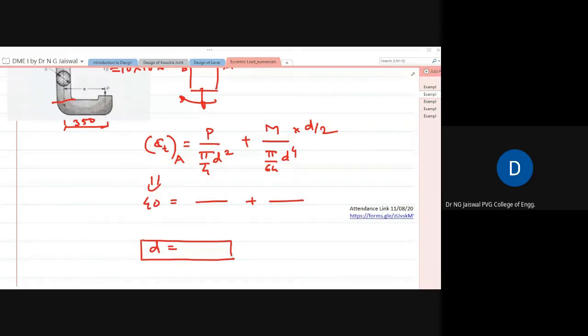Is anybody getting the answer? Shubham Deshmukh has given the answer, it is 97.33. Amey Kadam has given the answer 97.5.